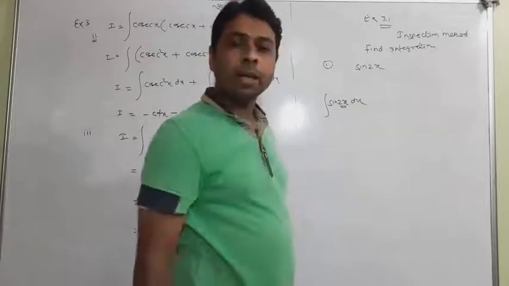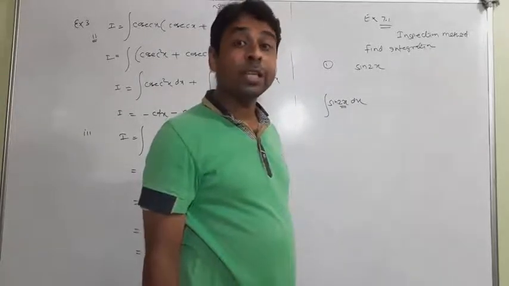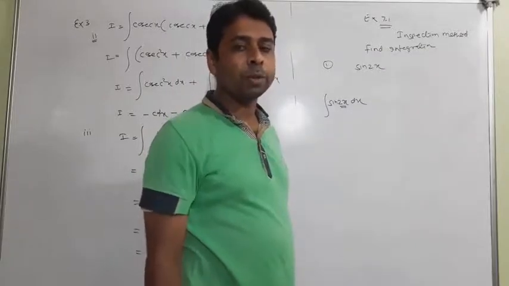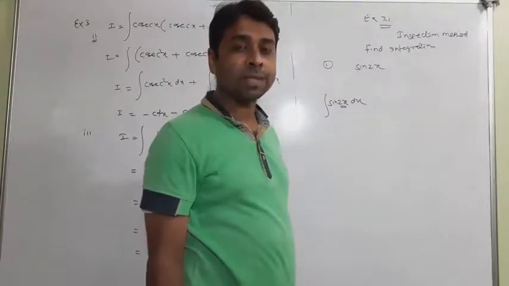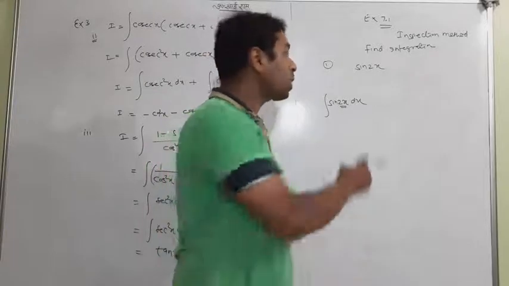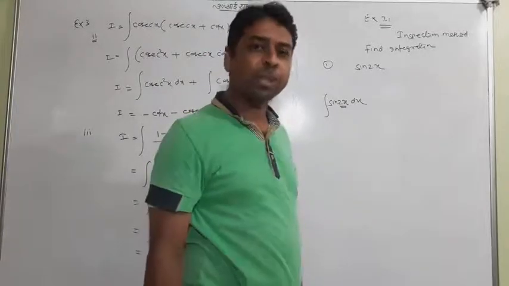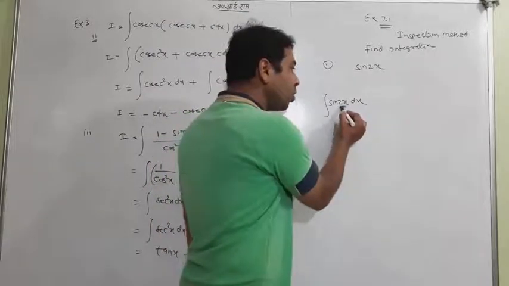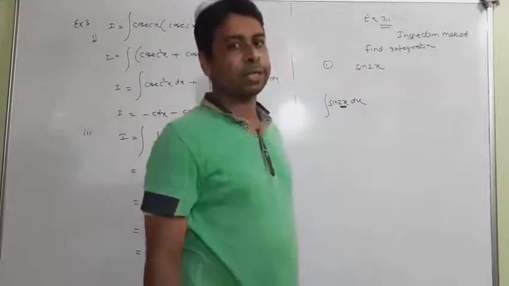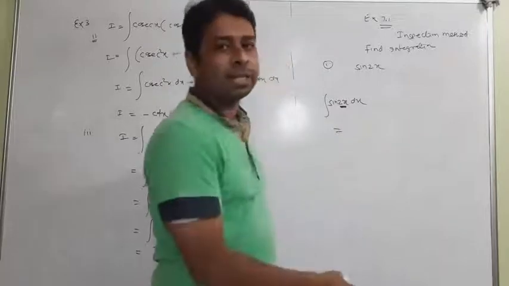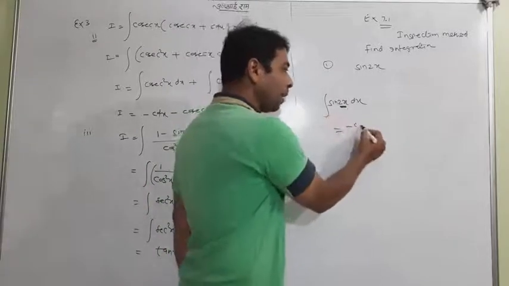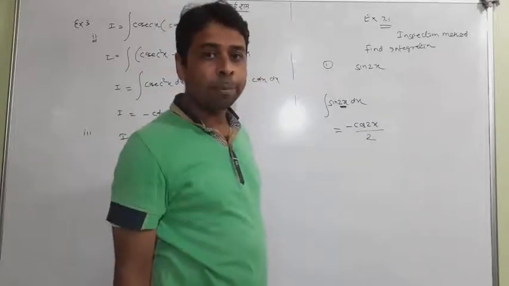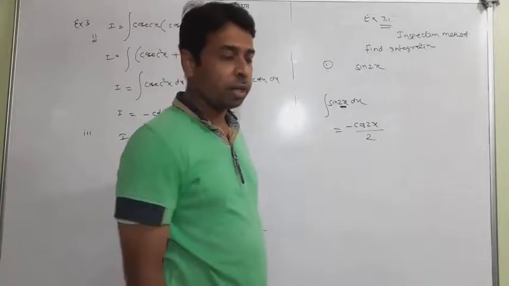This is sin 2x, which is a linear form under sin x. Actually, you know the formula of sin x. What is the integration of sin x? Minus cos x. So sin 2x also has the same integration, and we can apply it, because instead of x we have a linear form 2x. So we can find the answer easily, and its answer is minus cos 2x, with the coefficient of x coming in the denominator, upon 2, plus c. I taught you this yesterday.